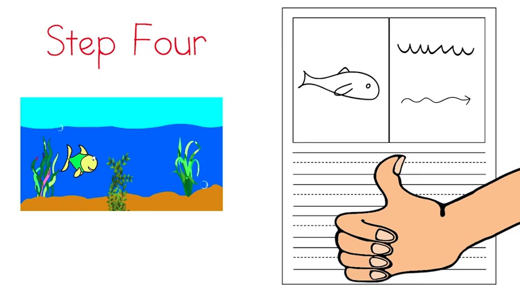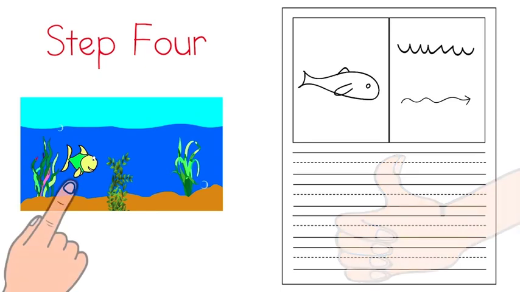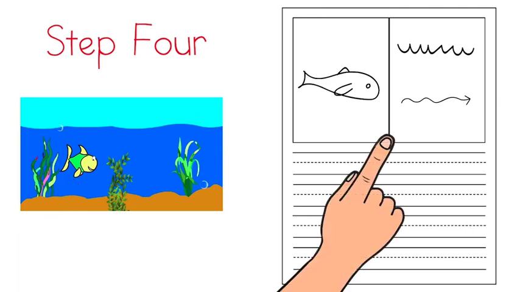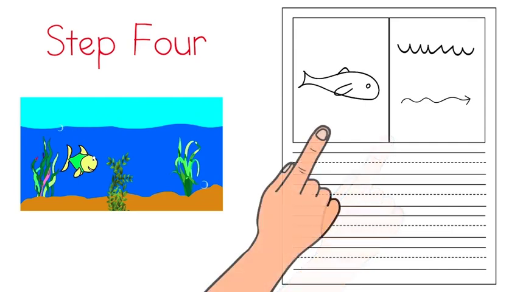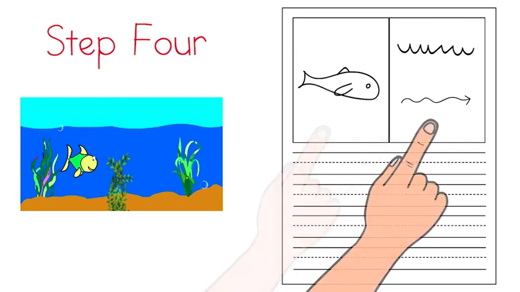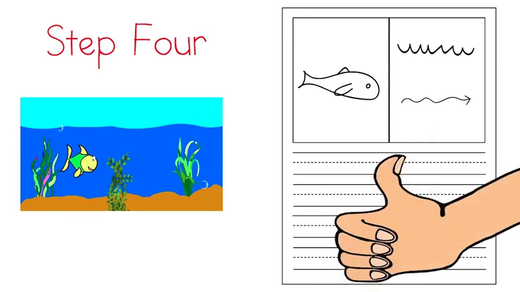Excellent! That's a complete sentence because it tells all about the idea and it sounds right. The planning boxes will always help us create a complete sentence and make it sound right. A fish swam in the sea. Wow!